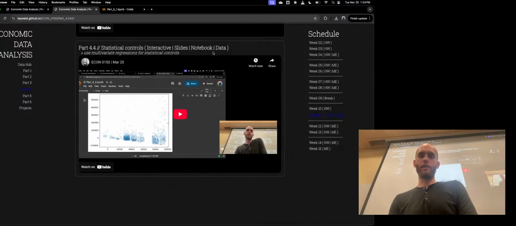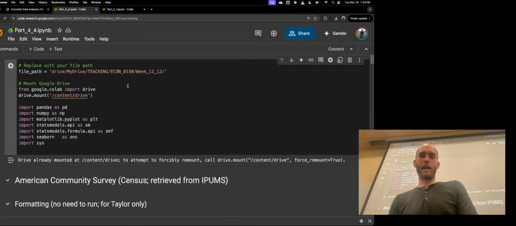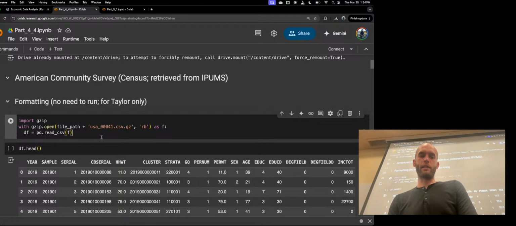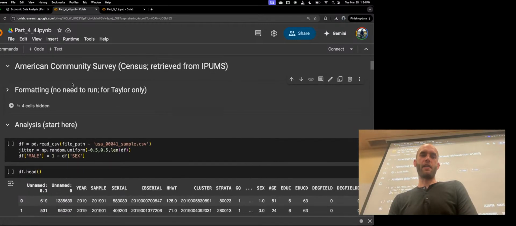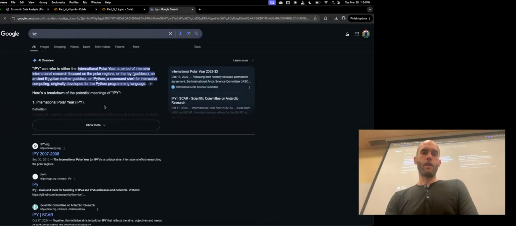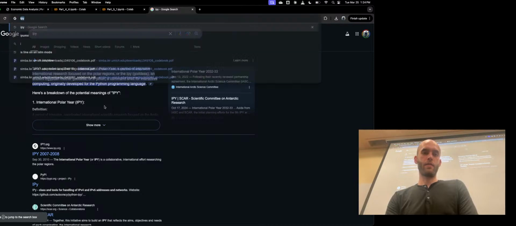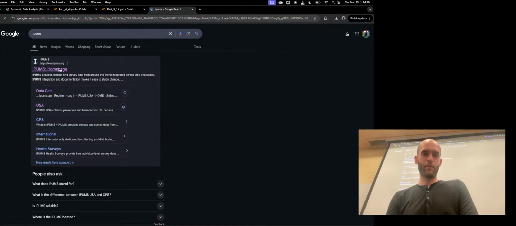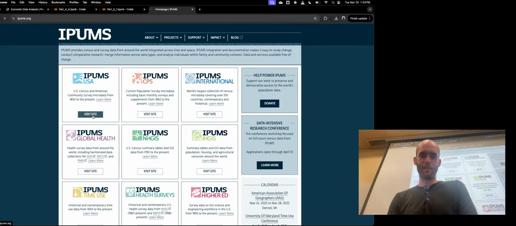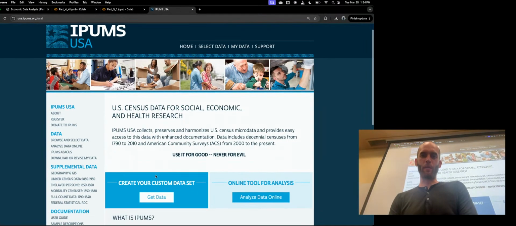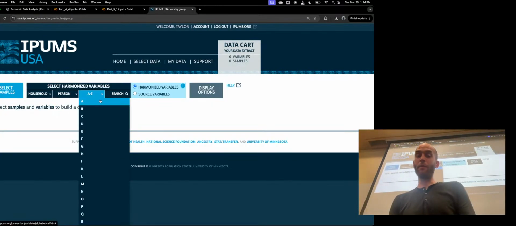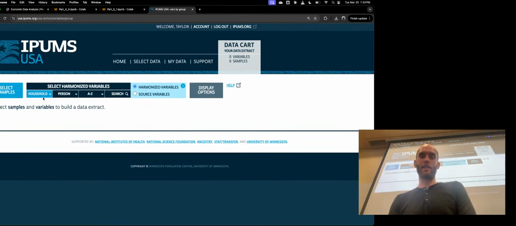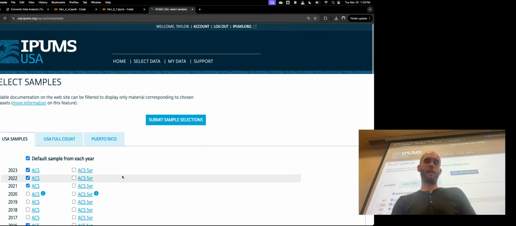So we walked through this last time, and in this notebook we loaded this data set just straight from IPUMS. So some of you are actually going to work with this data set or some variation on this data set, but you can go through and select different years.